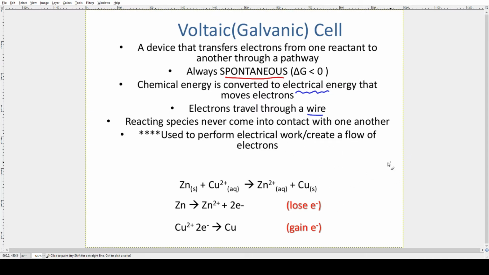Battery operated things. So, here's an example of an oxidation reduction reaction. Here we have zinc losing electrons and copper gaining electrons. Go ahead and refresh your memory. Which one of these is oxidation, which one is reduction, and which one is the oxidizing agent, and which one is the reducing agent? Figure that out.